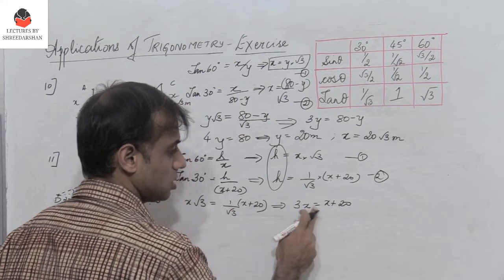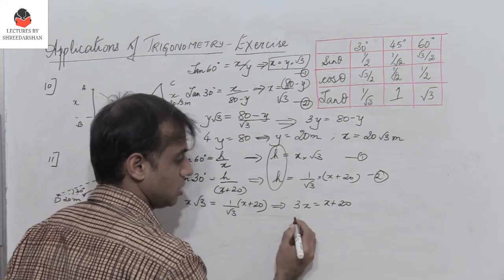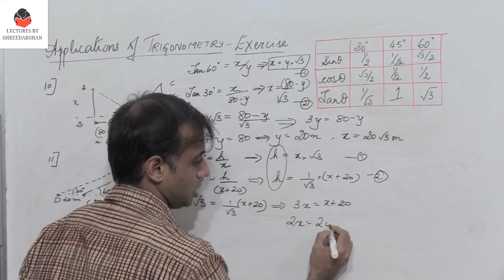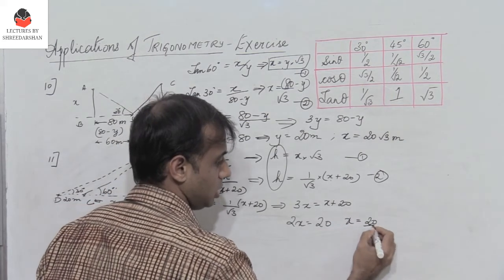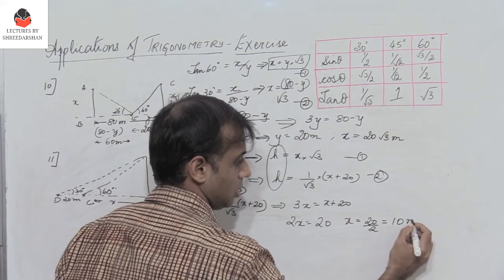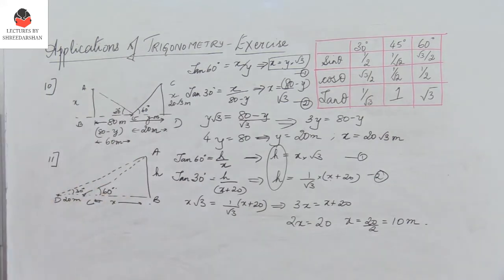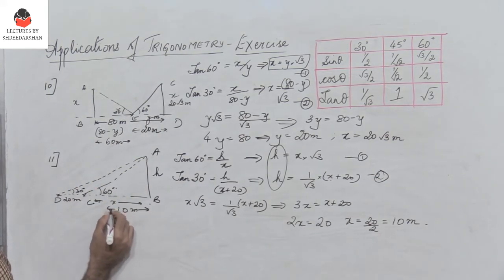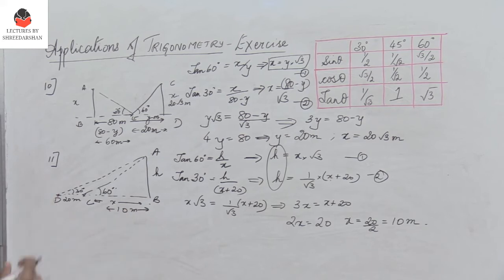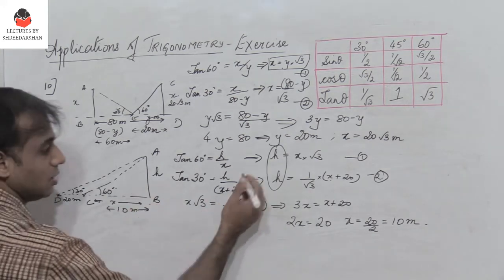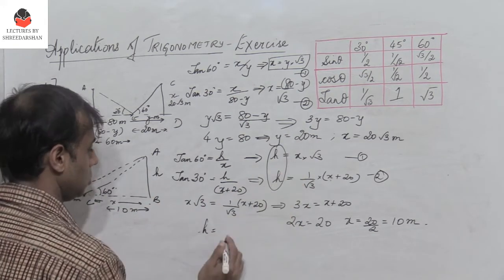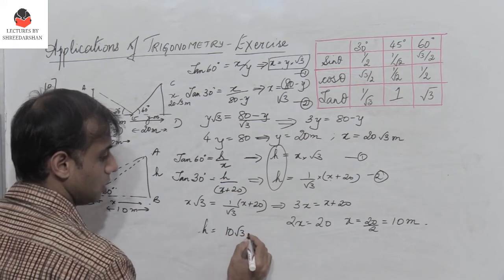If I bring this x to LHS, 3x minus x is 2x equals 20, or x equals 20 by 2, which is 10 meters. So what is the width of the canal? The width of the canal is 10 meters. And I also need to find the height. The height is given by h equals x into root 3, which is 10 root 3 meters.